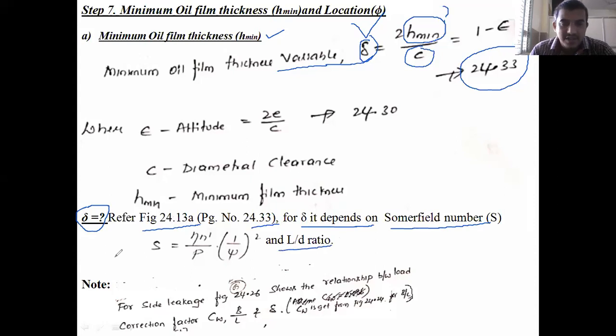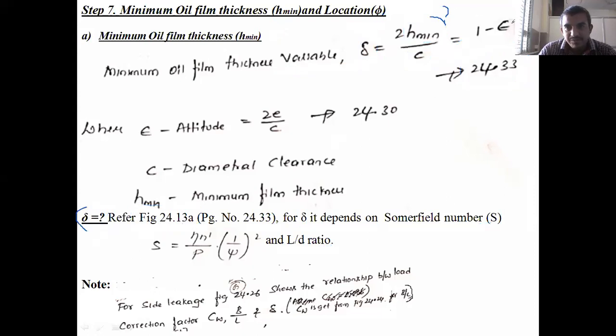From this we take the delta. Once you determine delta, we already know the diameter clearance, that is the difference between the diameter of the bearing and the diameter of the journal. Then you can easily calculate H minimum. Now I will move on to the figure number 24.13, how to take the delta value, the minimum oil film thickness variable.